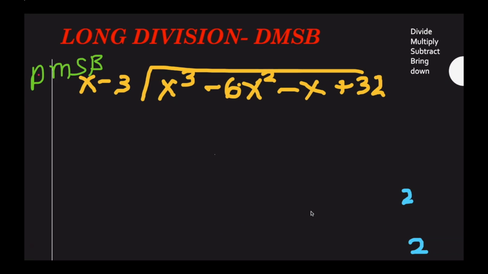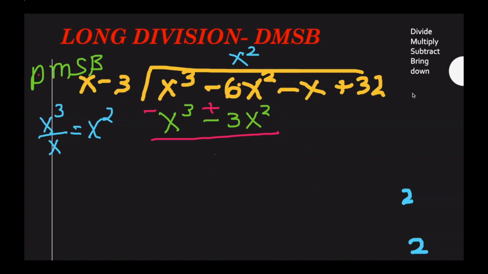So I'm going to do this problem again, but I'm going to make one change here, and I'm going to change this last term into 32. I'm not going to go through this slowly, but I do want to divide lead terms again and write them above the x squared above the negative 6. Multiply, subtract, DMSB.